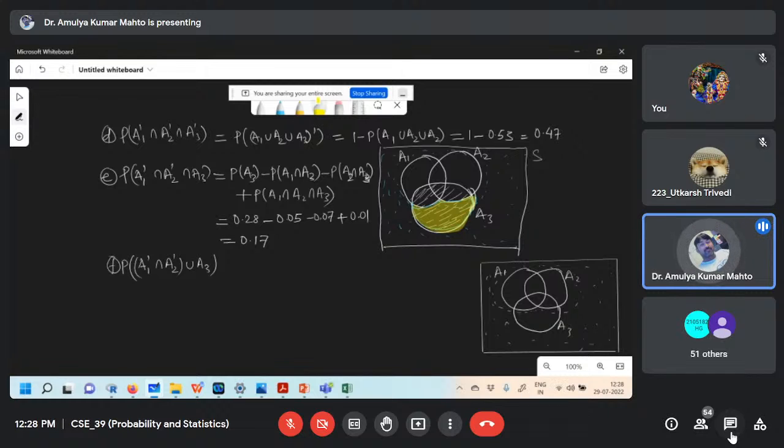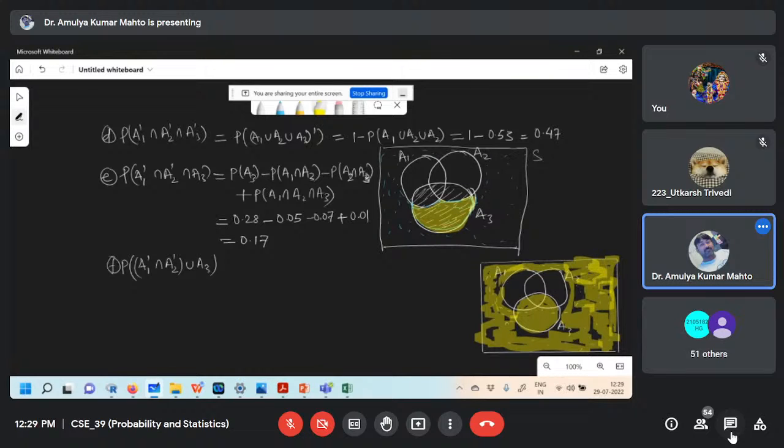Entire outer part plus this part, and of course whole outer part is also going to be included here. This whole part. Got it? You can color the entire thing. This whole part is there. Okay.